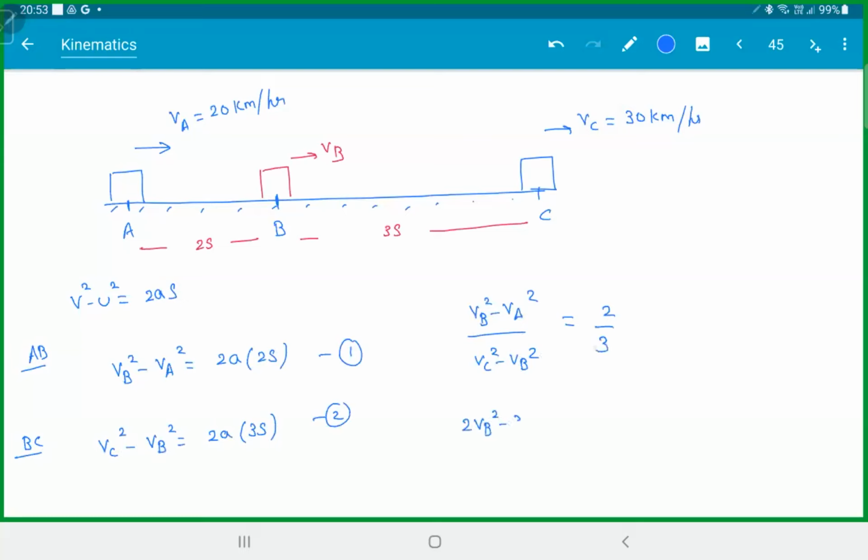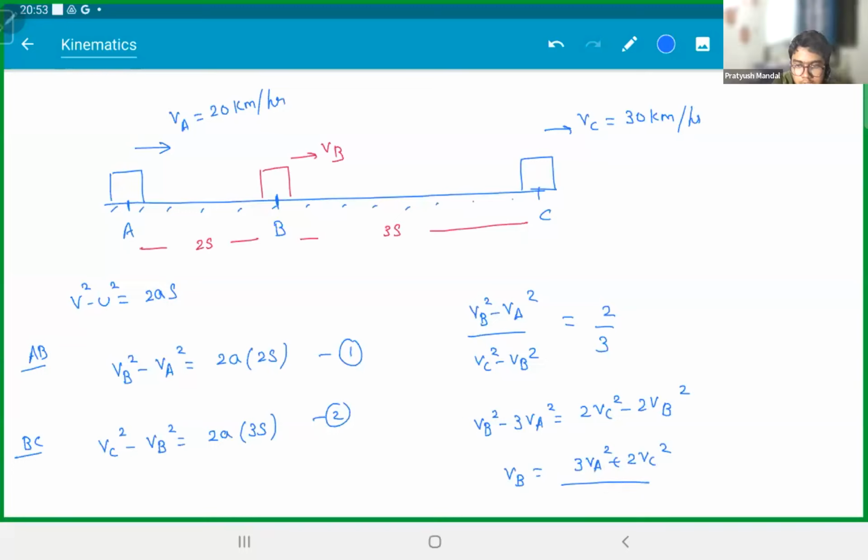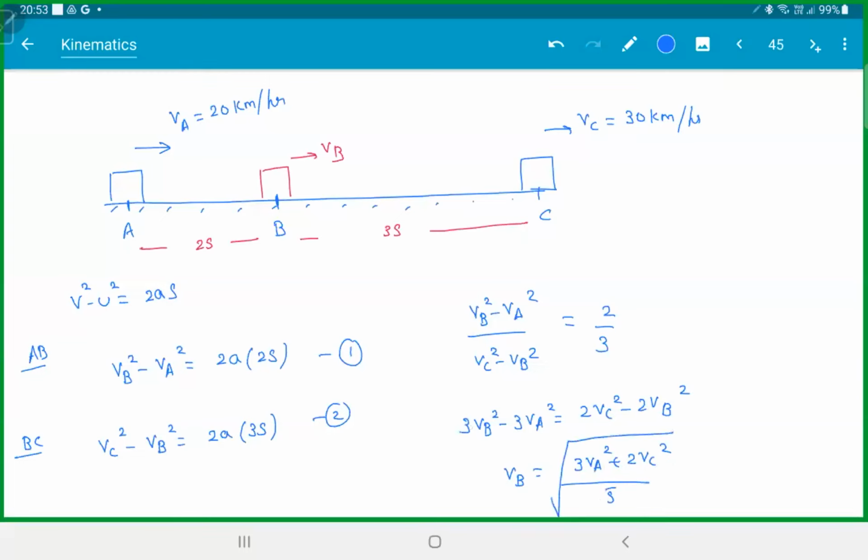So 3VB square minus 3VA square is equal to 2VC square minus 2VB square. So from here we end up with VB equal to the square root of (3VA square plus 2VC square) by 5. That's your answer. You can substitute the values now.